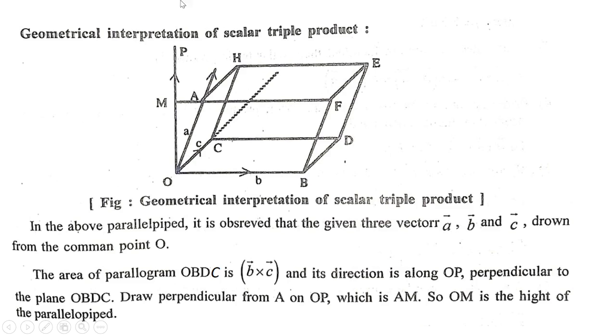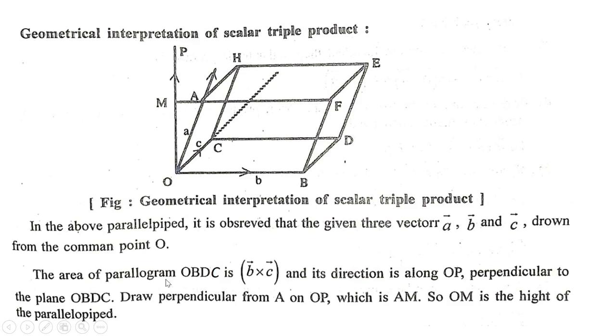Now see the geometrical interpretation of scalar triple product. In the above parallelepiped, it is observed that the given three vectors A bar, B bar and C bar are drawn from the common point O, as shown in the figure.